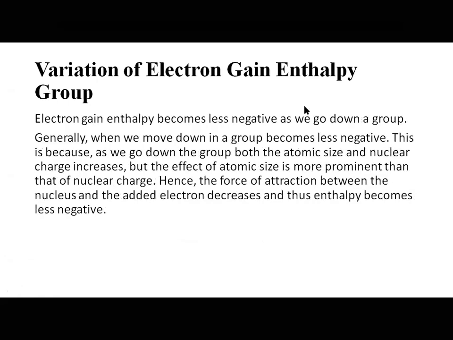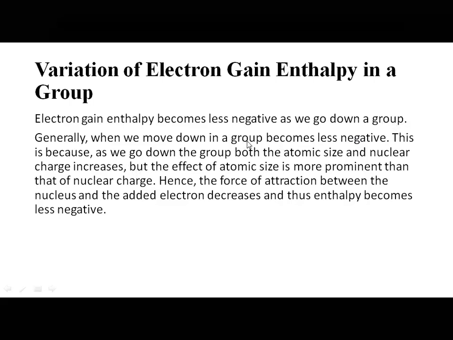Variation of electron gain enthalpy in a group. Electron gain enthalpy becomes less negative as we go down the group. Why?